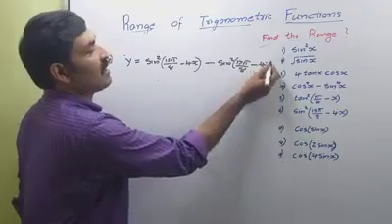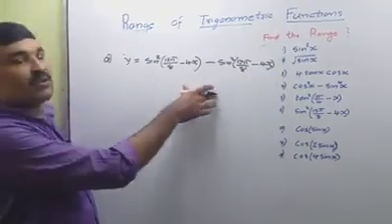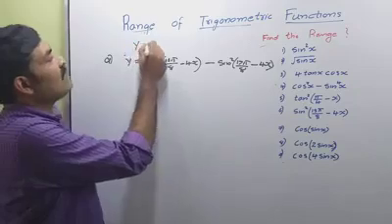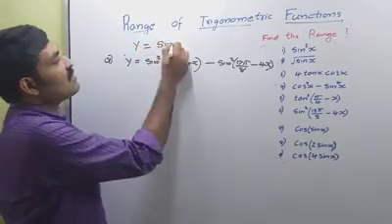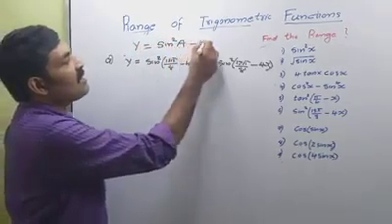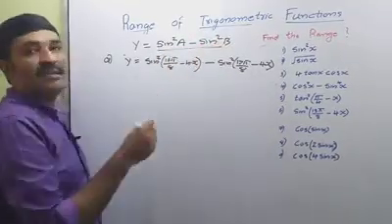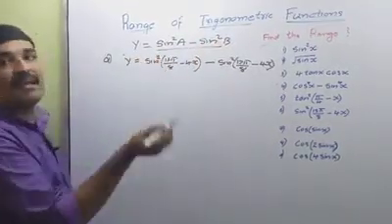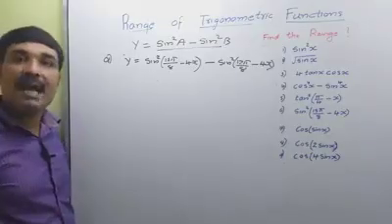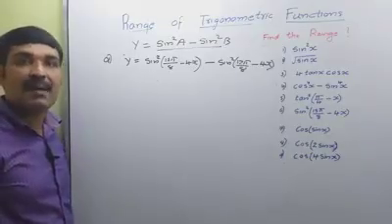So this question is in the form y is equal to sine square a minus sine square b, and using the identity, sine square a minus sine square b is equal to sine of a plus b into sine of a minus b.